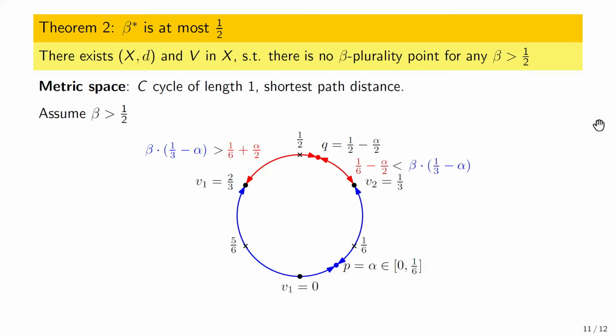So both V2 and V3 would vote for Q, and P will lose the elections. This shows that for this specific set of voters, we need beta to be smaller or equal to half. And in the paper, we actually also show that for this metric space, beta star equals half. So this is a worst case example.